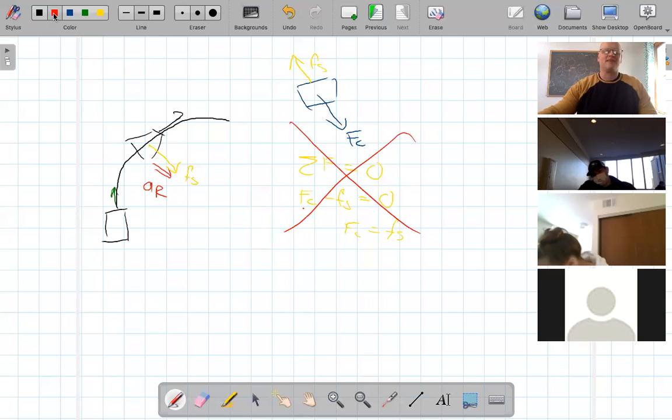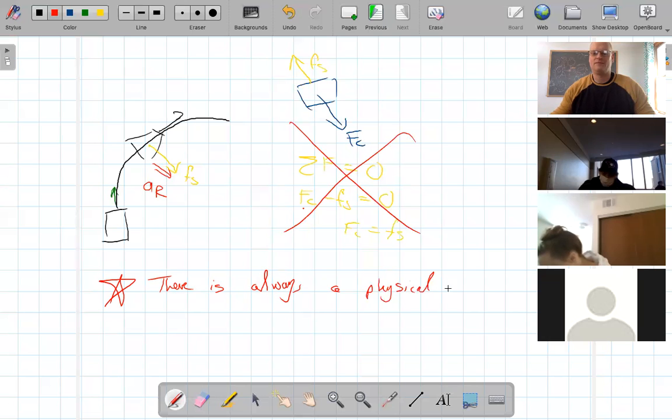Let's make a note of that. When we're talking about centripetal forces, there is always a physical force which acts as the centripetal force.